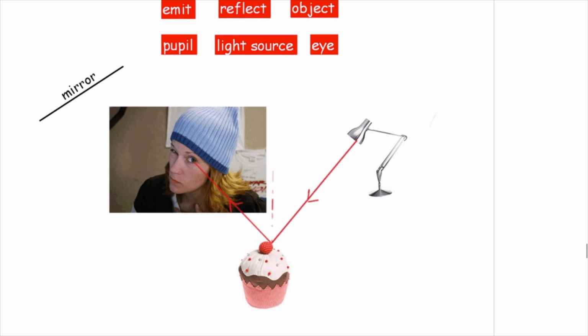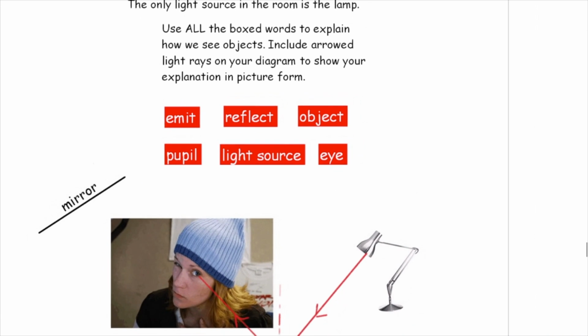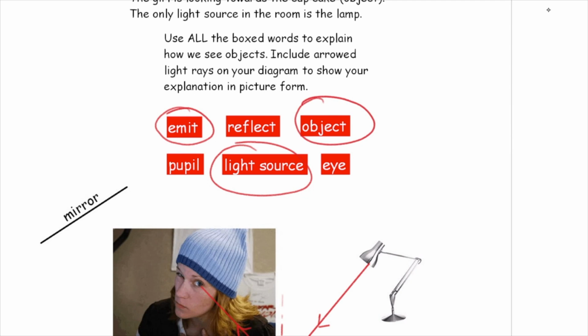So to use all these words, what you've got to do underneath there is write a paragraph using the words above. So I'll just give you an example. You write it in your own words again. The light source emits light towards the cupcake, which is known as the object.